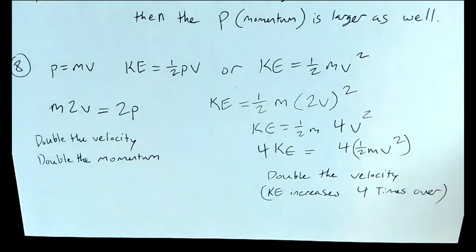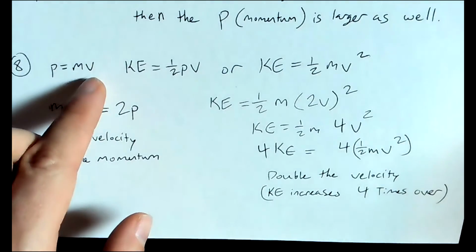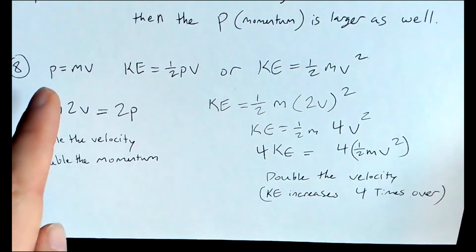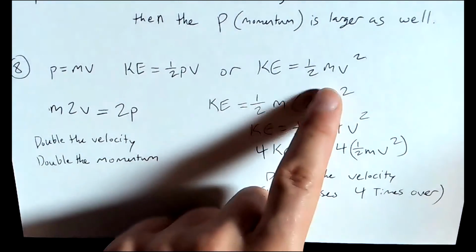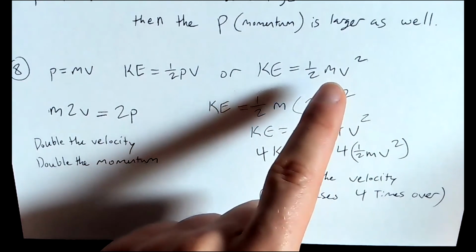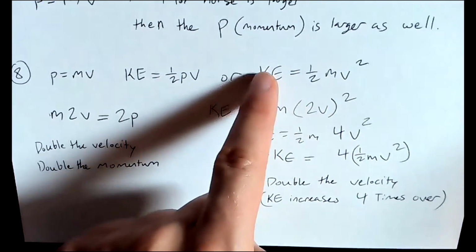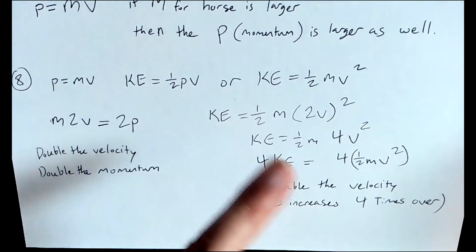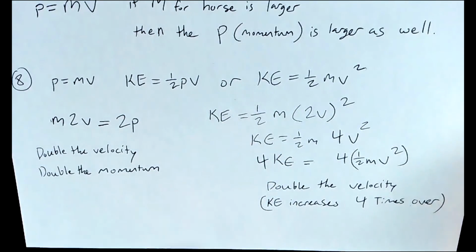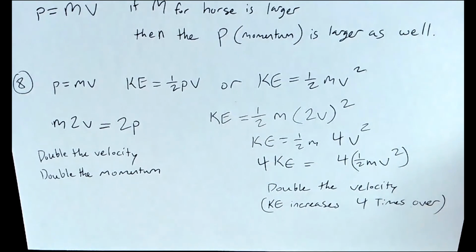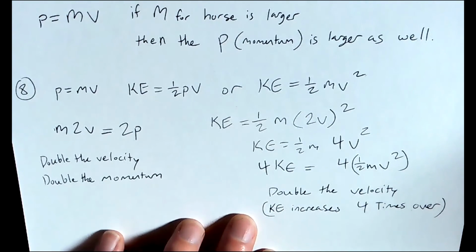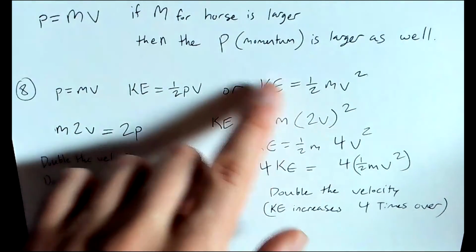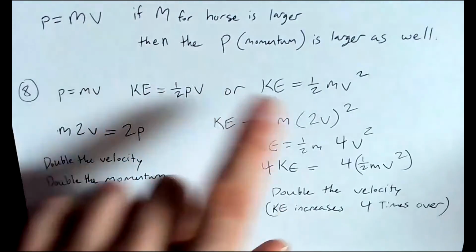All right, I'll leave that up for a few more seconds for you to understand that. But we just have one V, so if you double it, momentum is doubled. V is squared here, so if you double V, that will increase the kinetic energy 4 times, or quadruple it. That's another way to say that. Does that make sense? And that's all because of these equations. Not so much this one, but this one and this one.